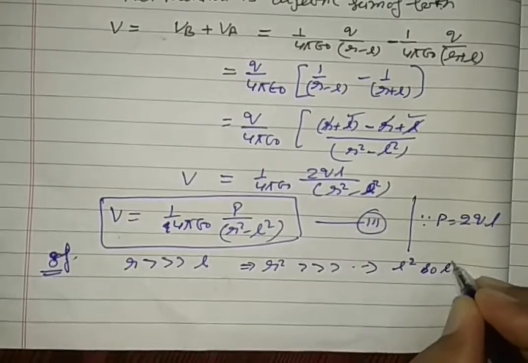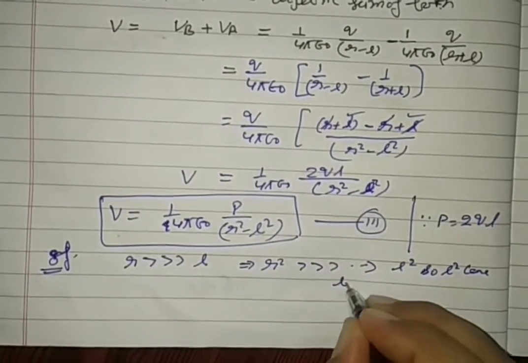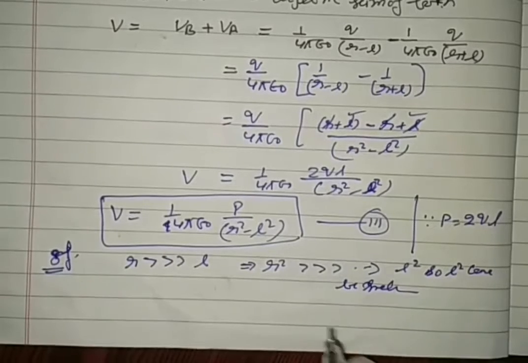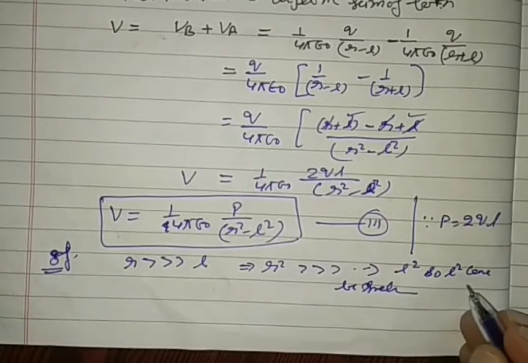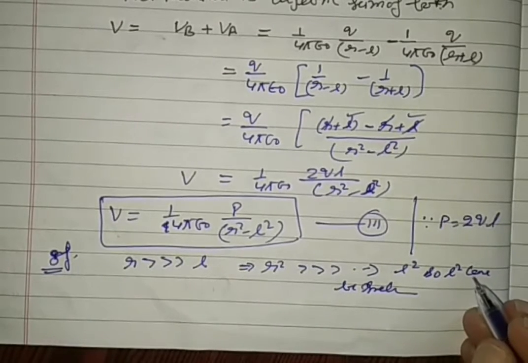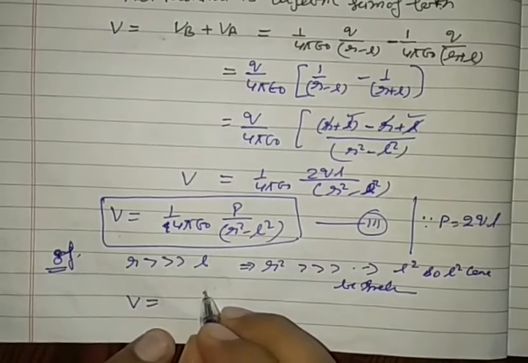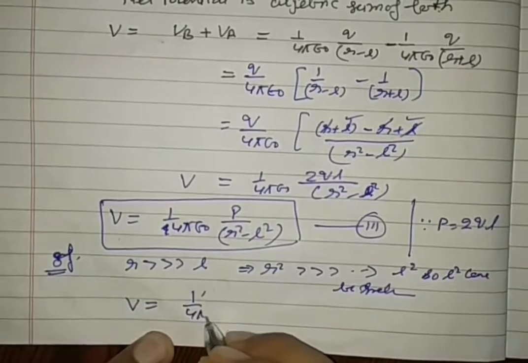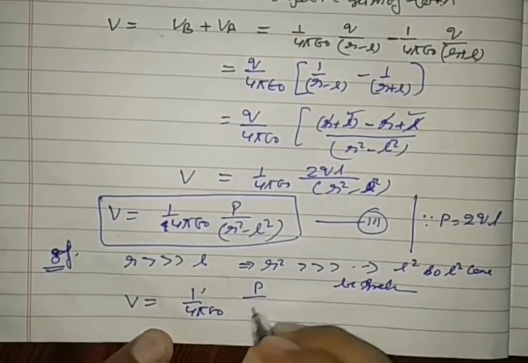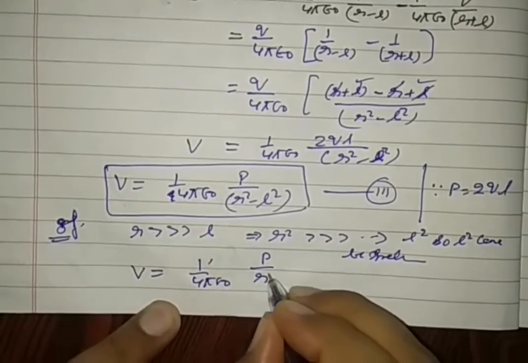So L square can be neglected. When we neglect L square, the electric potential formula becomes 1 upon 4 pi epsilon 0 P by R square.